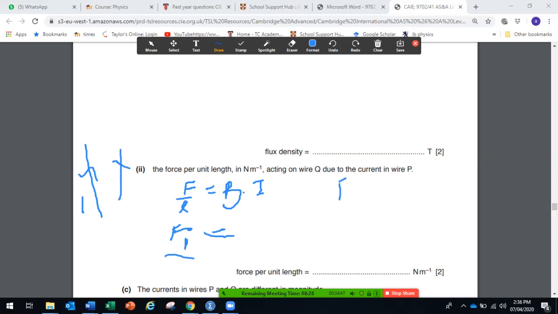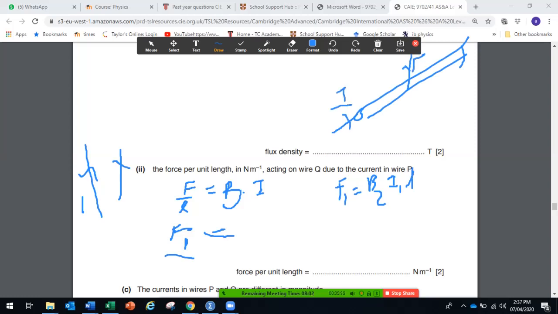If you want the force on wire 1, then the B must be B of 2, I of 1, and L of 1. Why is it like that, sir? The BIL formula: the force is actually on the conductor whose current flows through it, the one that experiences the force.